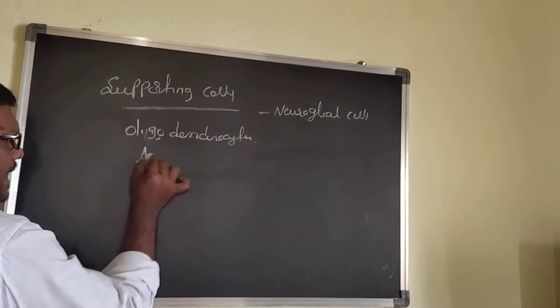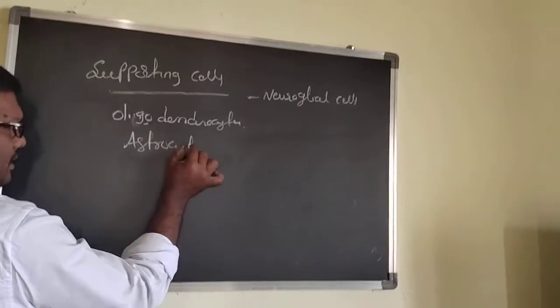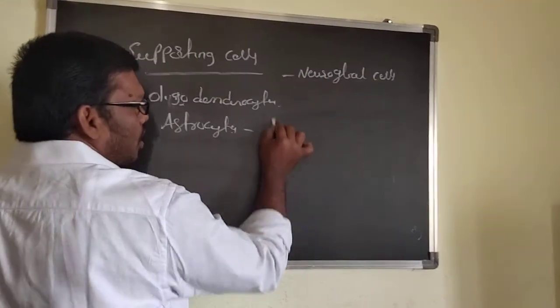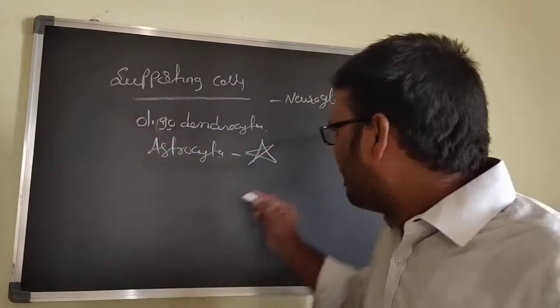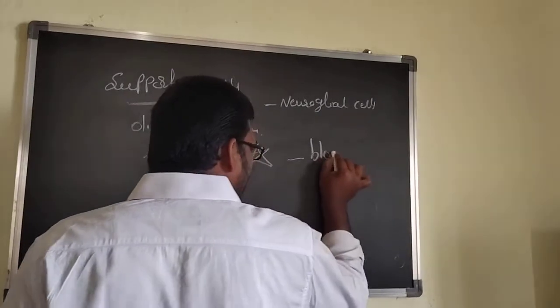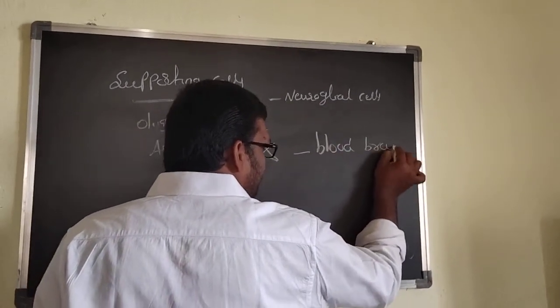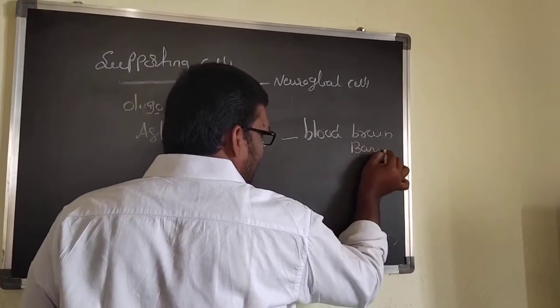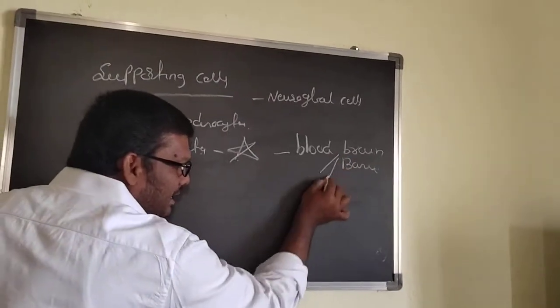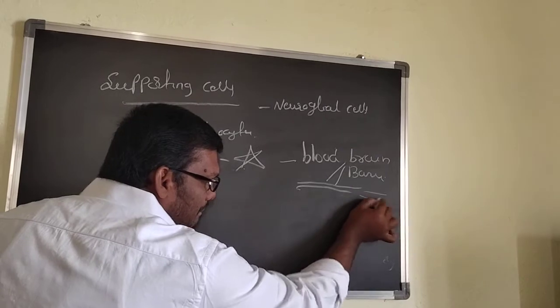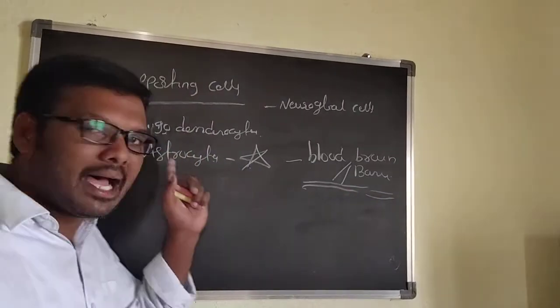Another one is the astrocytes, star-shaped cells. They form the blood-brain barrier. It means this cell connects the brain with the blood capillaries. That is the astrocytes.